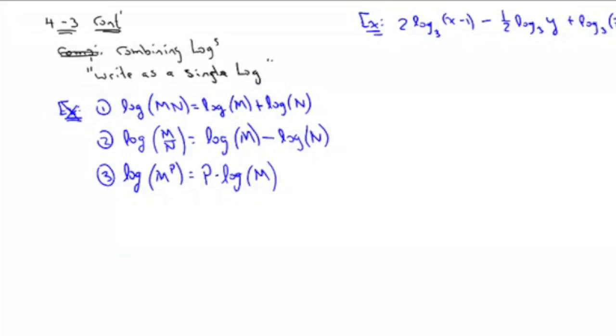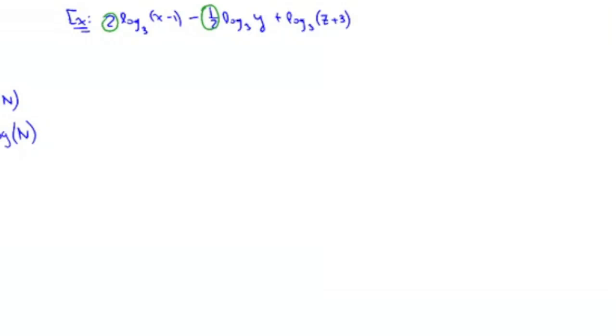What you're trying to do is combine all your logs under a single logarithm. You're only going to write log one time. So one step at a time, deal with the numbers that are sitting up front. The 2, the 1/2, don't bother with the sign, just take the number, 1/2. And this one just has a 1, so we're pretty safe with that. Take those and bring them back as powers, because that's where numbers came from out front. They were originally a power over here.